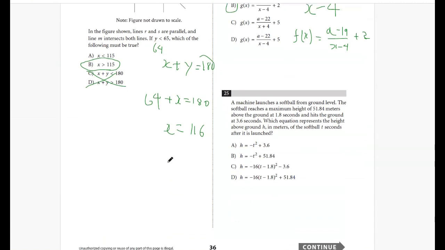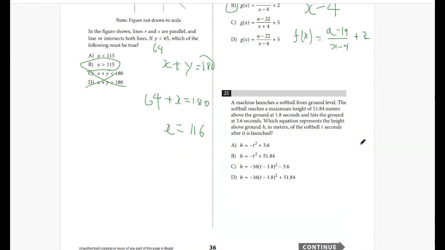A machine launches a softball from ground level. The softball reaches a maximum height of 51.84 meters above the ground at 1.8 seconds and hits the ground at 3.6 seconds. Which equation represents the height above ground h, in meters, of the softball t seconds after it is launched?